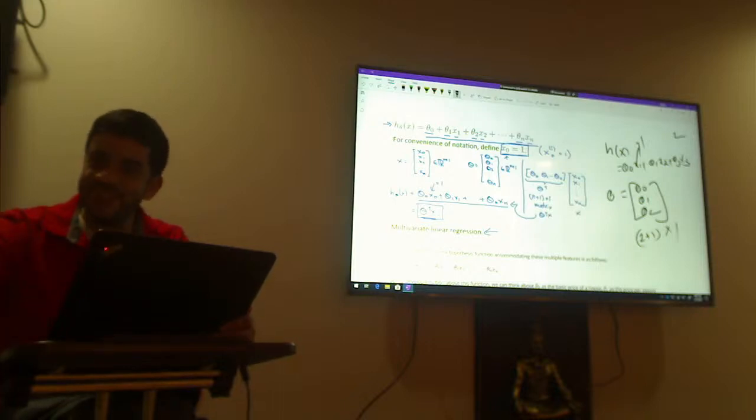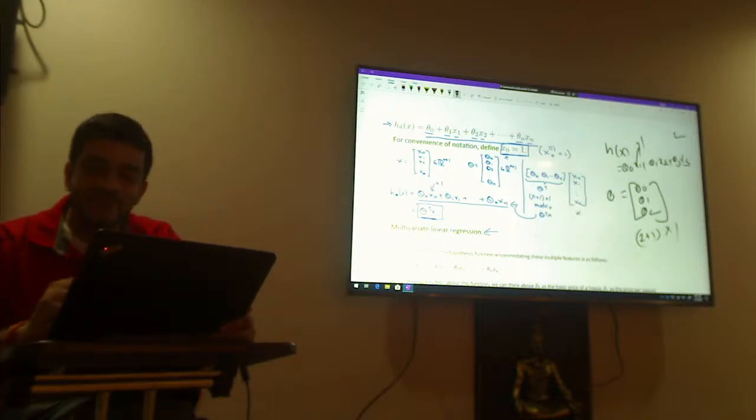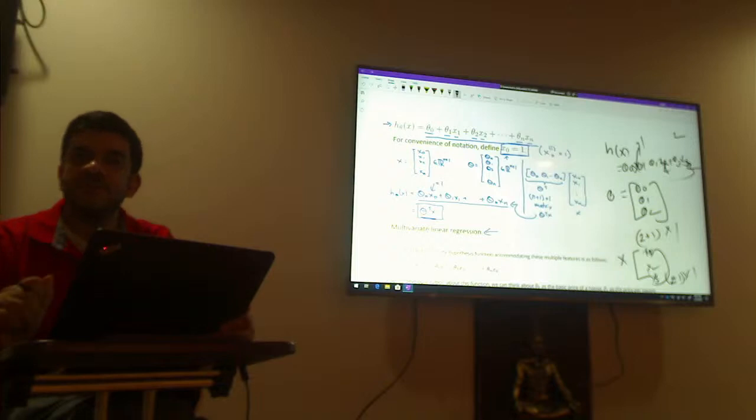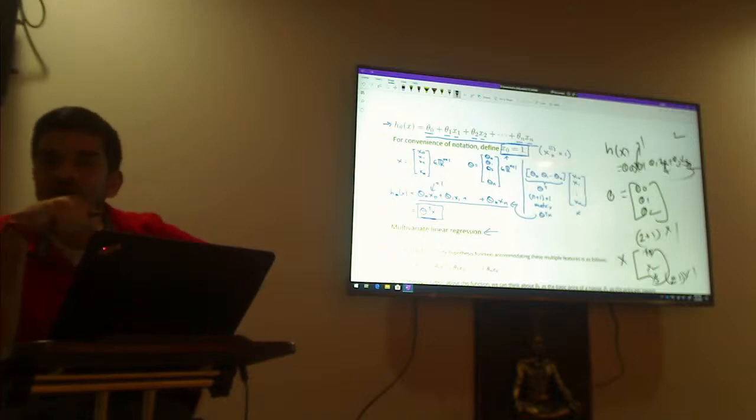So what would be x? This is x1, x2, x3. And what type of matrix is this? Again, 2 plus 1, times 1. Last week I discussed one property of matrices.